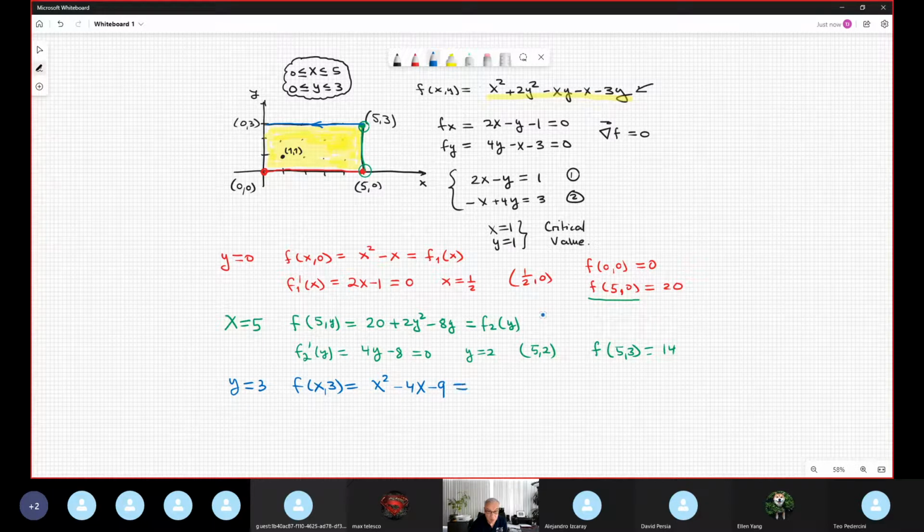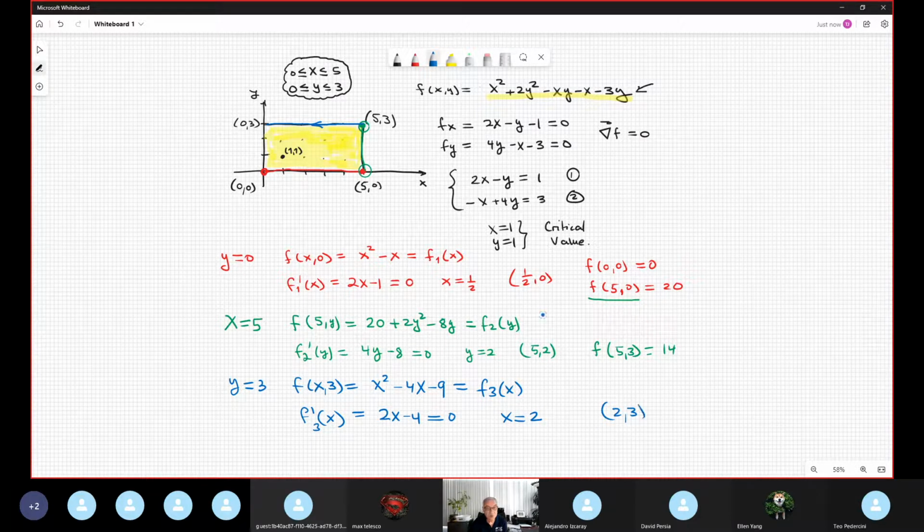I call it f3, depending only on x. And likewise, we find the derivative, is 2x minus 4 equals 0. And x is 2. And the famous point is the point 2, something.